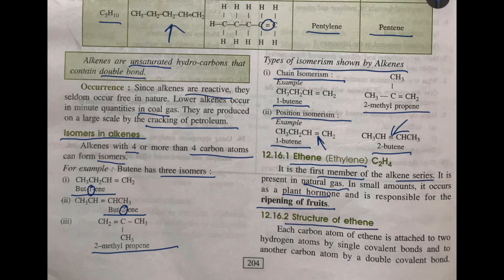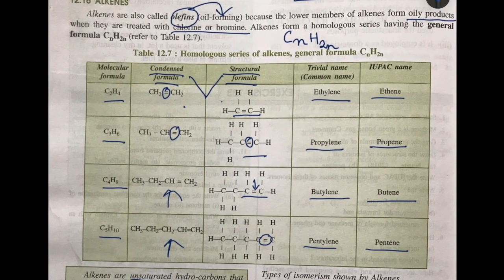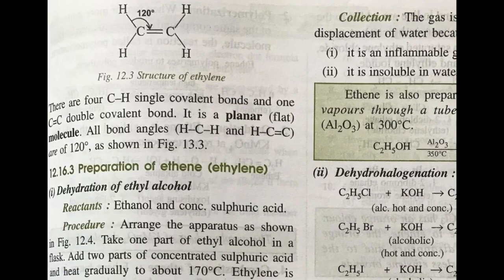Now, structure of ethene. Each carbon atom of ethene is attached to 2 hydrogen atoms by a single covalent bond and to another carbon atom by a double covalent bond. So here you can see the structure of ethene. There is a double bond between these 2 carbon atoms.